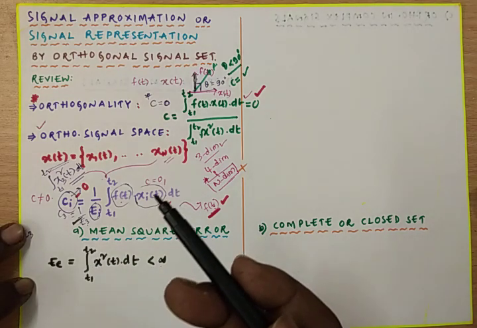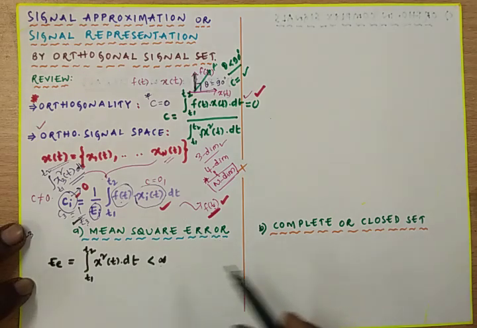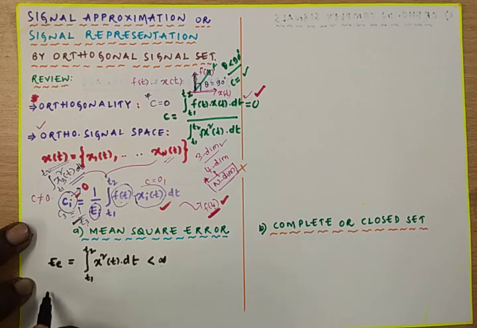That means we have the error signal, and we are going to have the mean square error. After knowing the energy of a signal, we need to divide it by the time duration, that is t2 minus t1, so EE by t2 minus t1 is the mean square error, and the mean square error is denoted by e square of t bar.